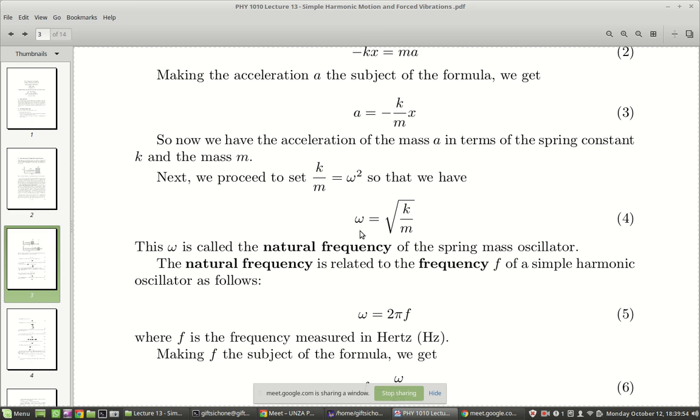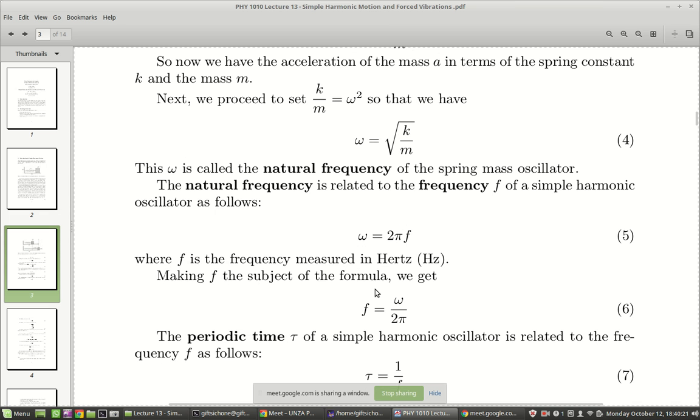Then omega is also related to the frequency as follows. Omega is equal to 2 pi times f, where f is the frequency. So if we make the frequency f the subject of the formula, we end up having frequency is equal to omega divided by 2 pi.